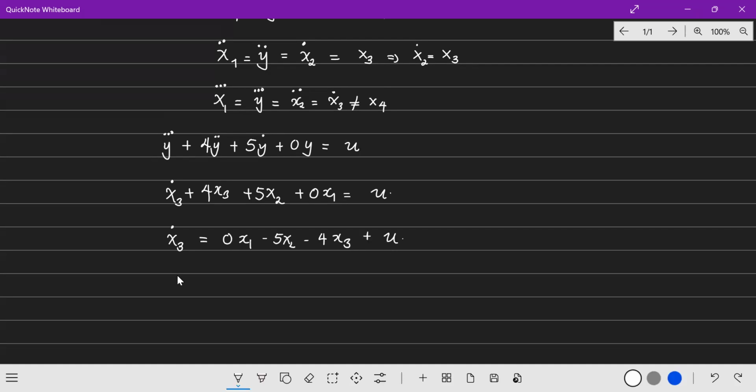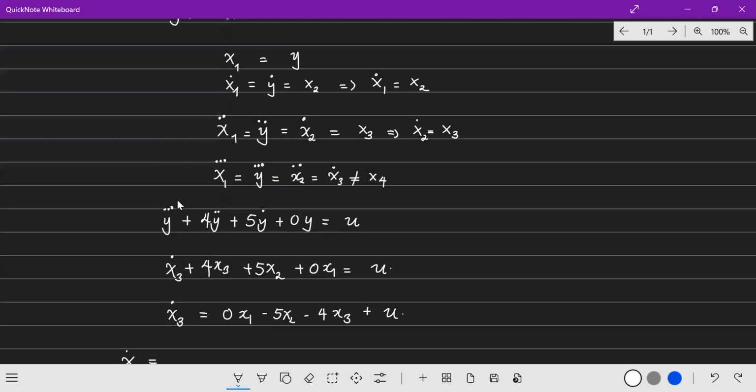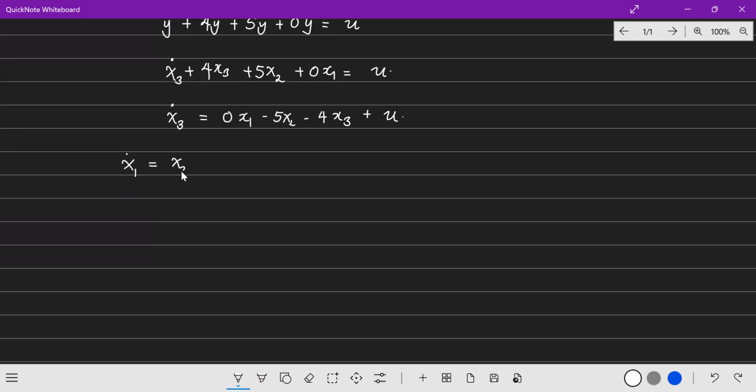So now let us write all the state equations that we have written so far. Okay, so x1 dot is equal to x2. Let's write all these derivatives together.